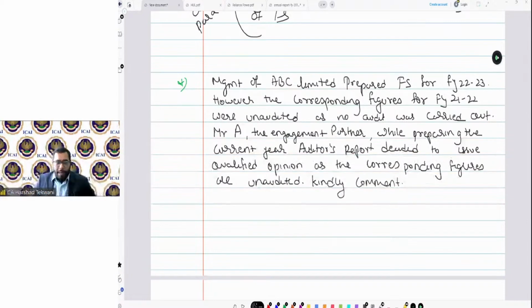Very important. The auditor is going to issue a qualified opinion. What should he do? Should he issue a qualified opinion or not?